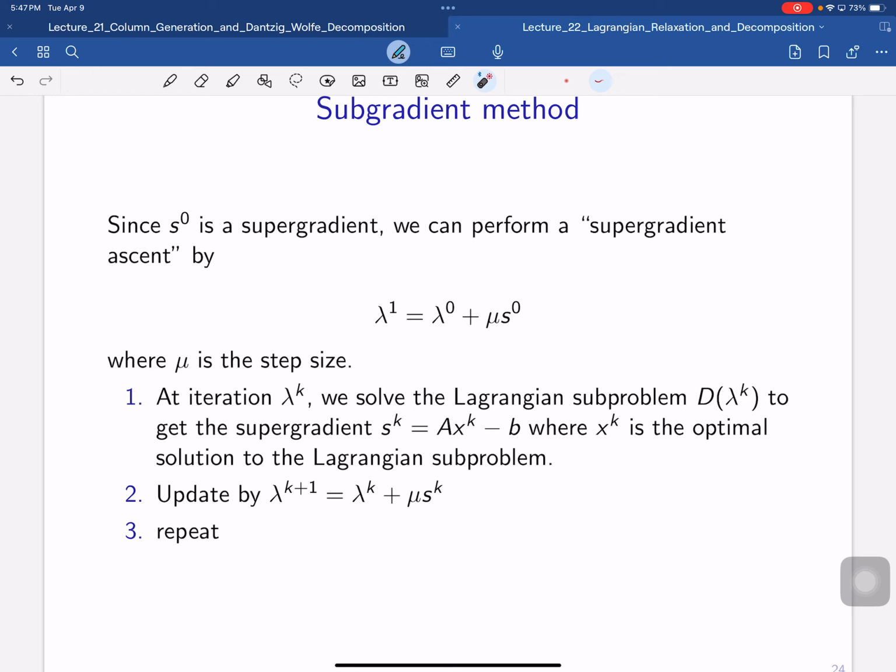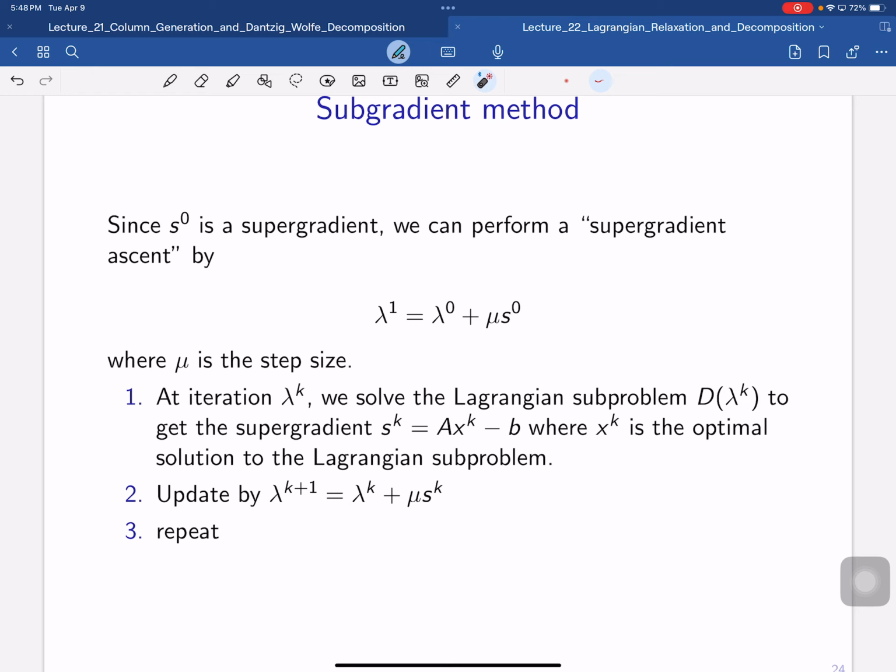Then the question is, how do you choose this step size mu? Recall that in gradient descent, we did something called line search, using the Wolfe condition and so forth. But for the subgradient method, usually people don't do line search, especially for MILP problems. The reason is that evaluating this function d(lambda) is very expensive.